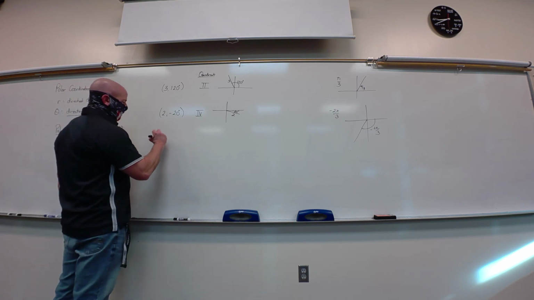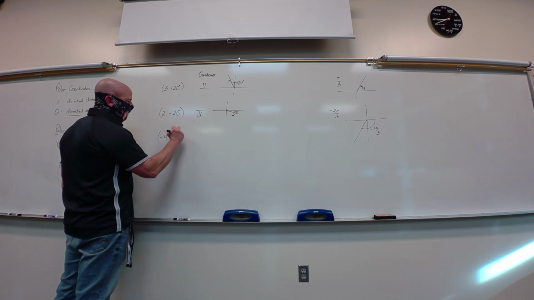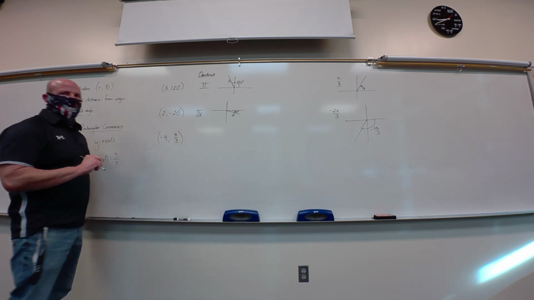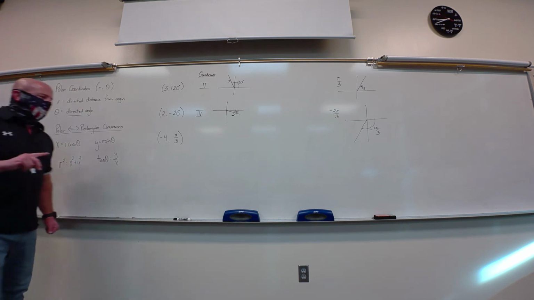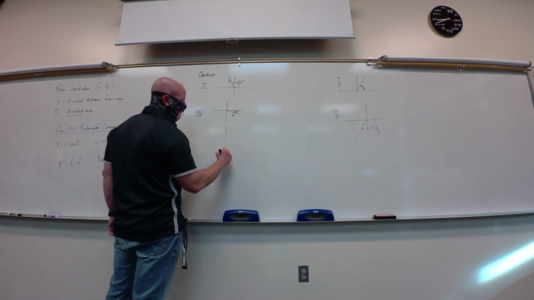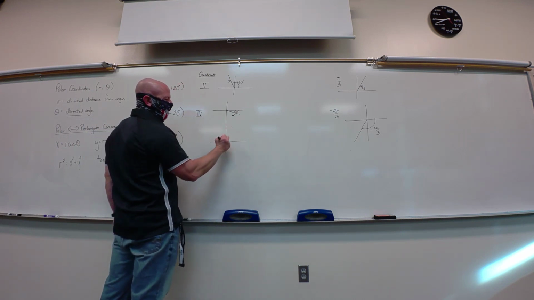Let's go to negative 4, 4 pi thirds. So bring in these negatives. First, think about the angle. What quadrant's pi thirds in? First, it's in 1. Okay. Now there's a negative r value. So I'm supposed to be in 1 up here. The negative r value tells me go backwards.